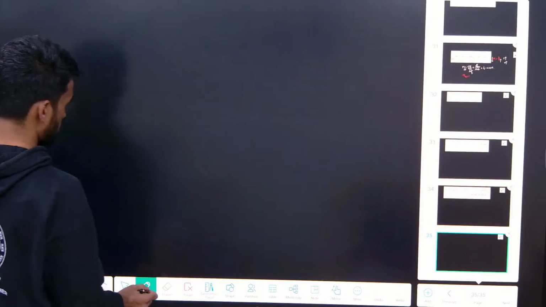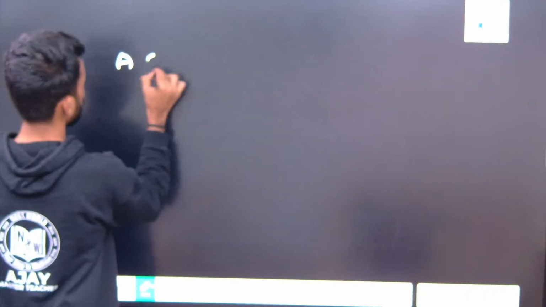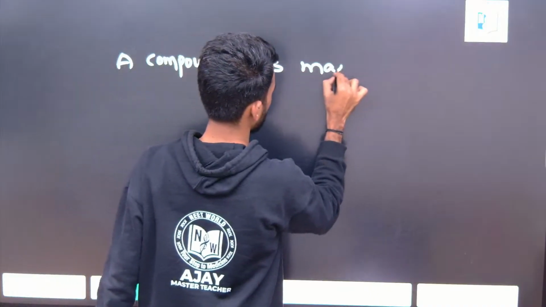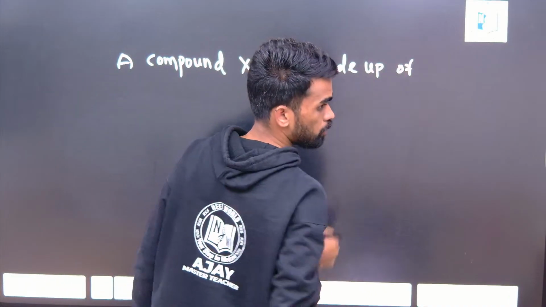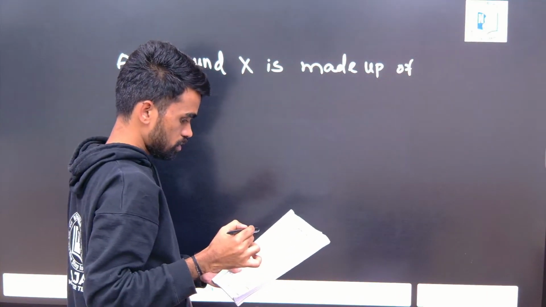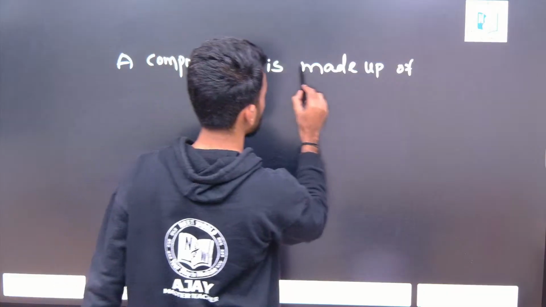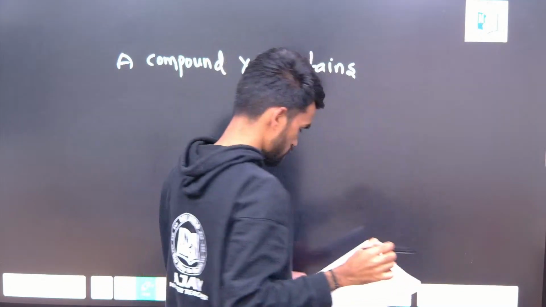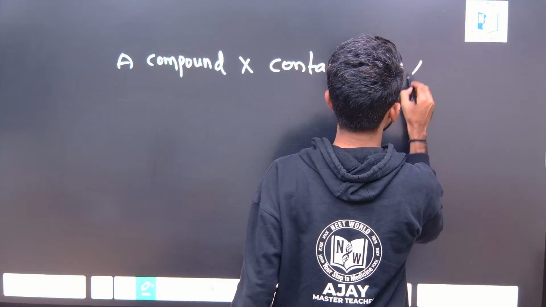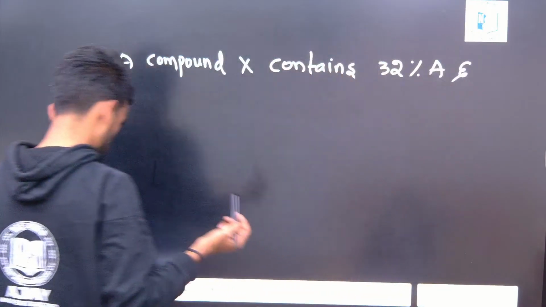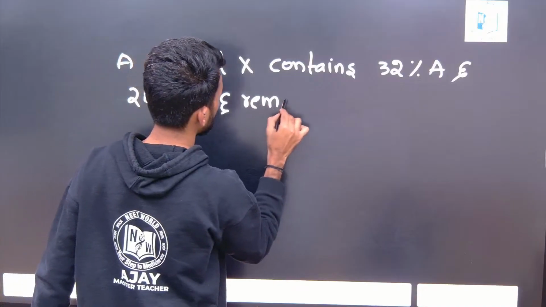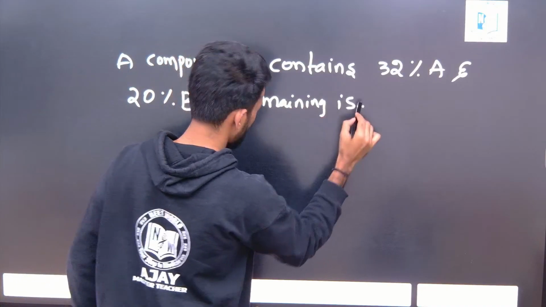A compound X is made up of, or contains, this is a PYQ question, so take it as it is, contains 32% of A and 20% of B and remaining is C.